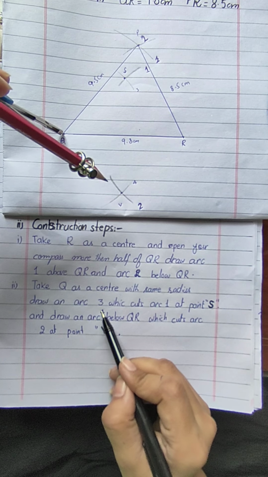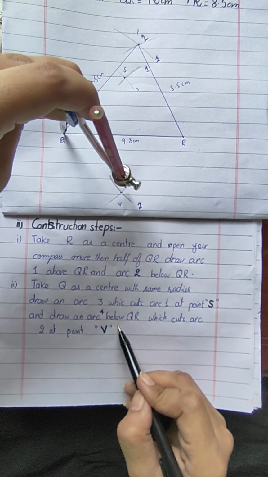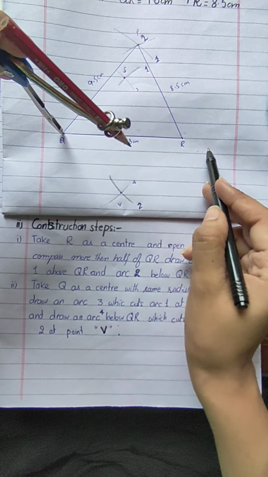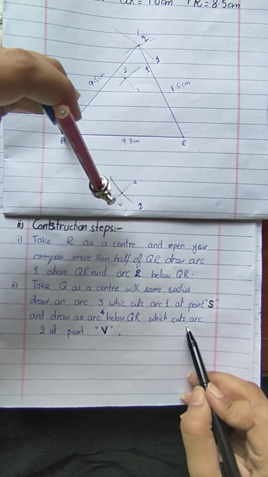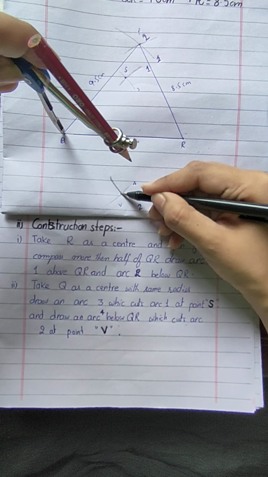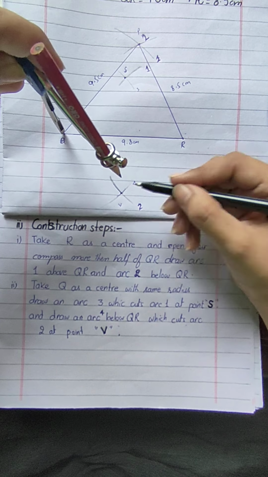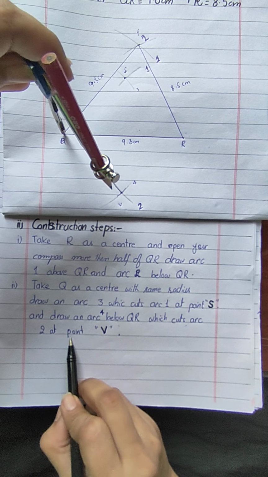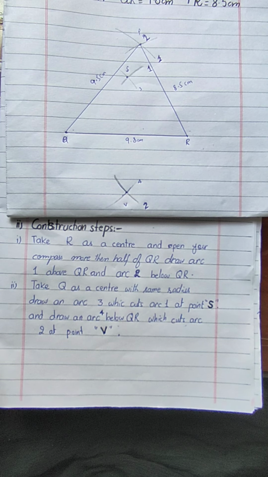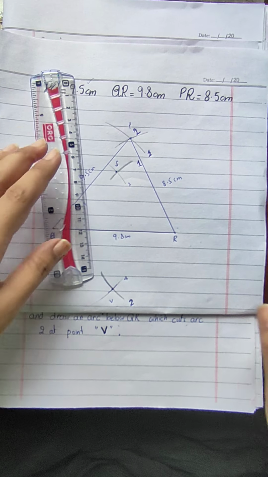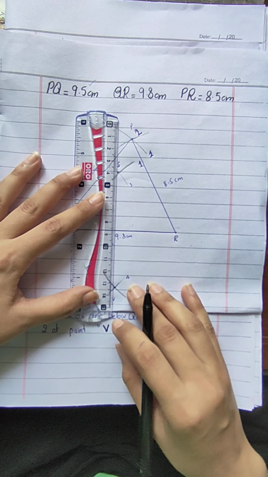Draw arc 4 below QR, which cuts arc 2 at point V. Now we will join the points S and V.